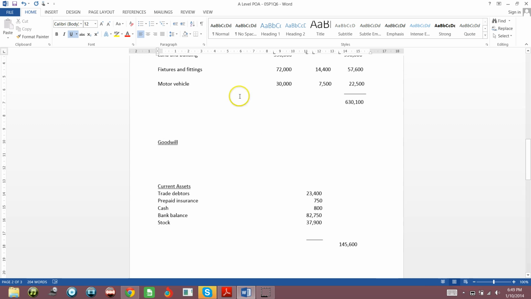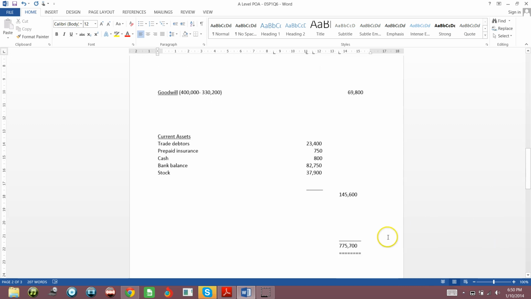Okay, the goodwill is 400,000 minus 330,200, which is the net asset of that business acquired. So how much is this? This is 69,800.